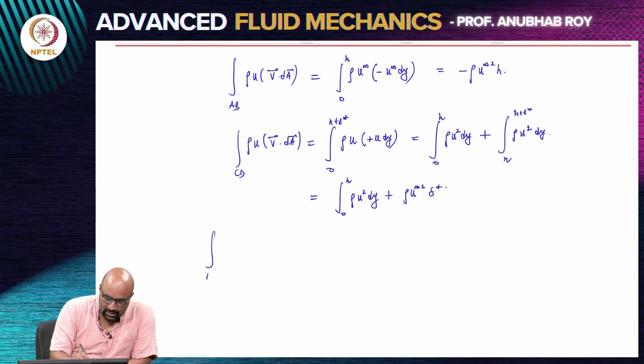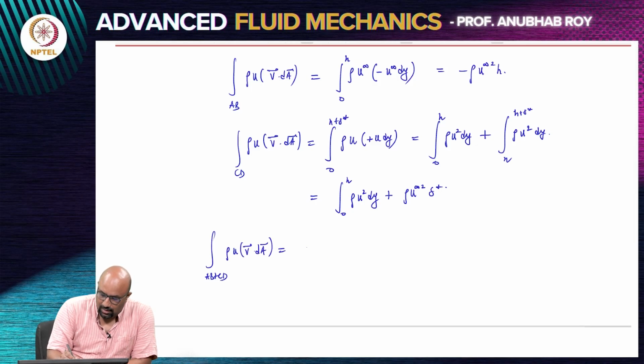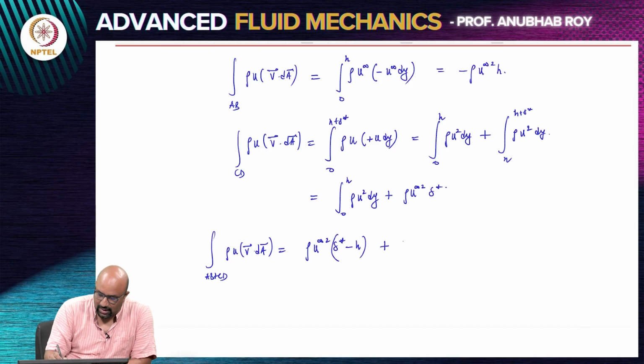Looking at AB plus CD, rho u v dot dA gives me rho u infinity square delta star minus h plus 0 to h rho u square dy.